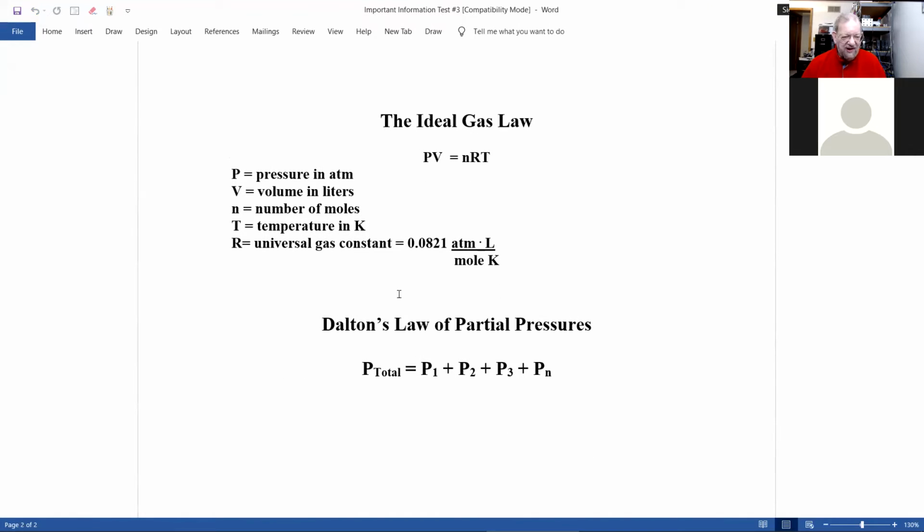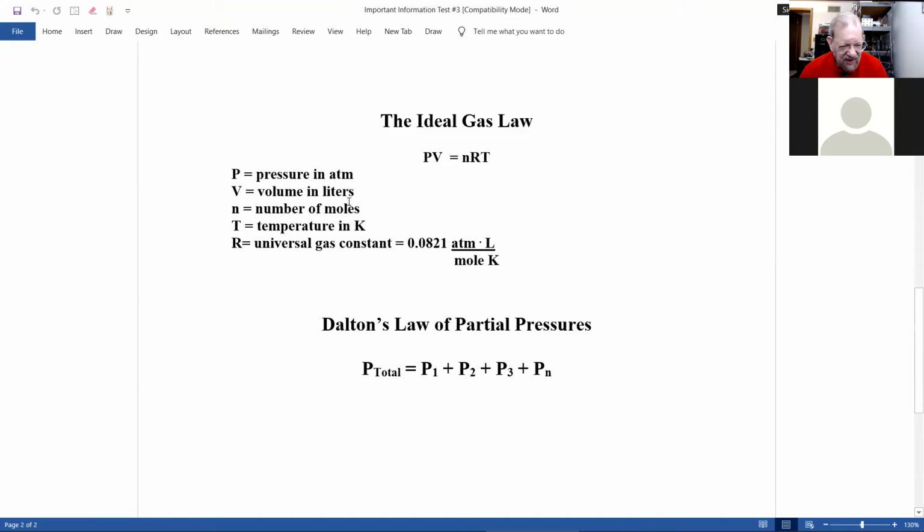Ooh, fancy word today. The ideal gas law, you find in important information, test number 3, PV equal nRT. Now notice, pressure is in atmospheres, volume is in liters.